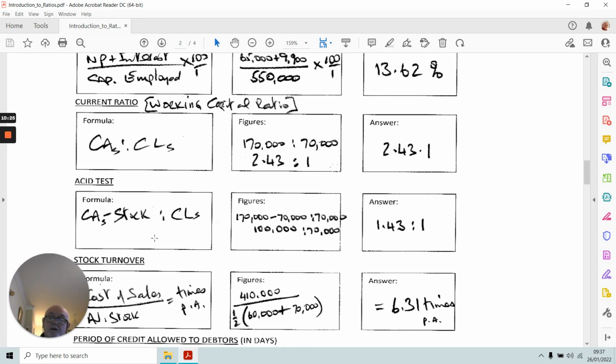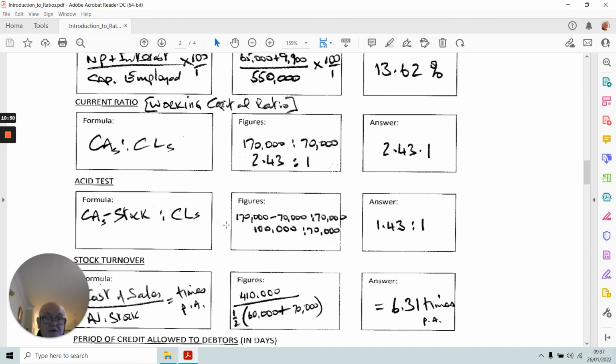Strictly speaking, it should be current assets minus stock and prepayments, but in lots of exams they don't have any prepayments. So it's simply current assets less stock over the current liabilities. We had 70,000 euro worth of closing stock, so we know that the current assets less stock is 100,000 and our current liabilities are 70,000. So it gives us an acid test of 1.43:1.